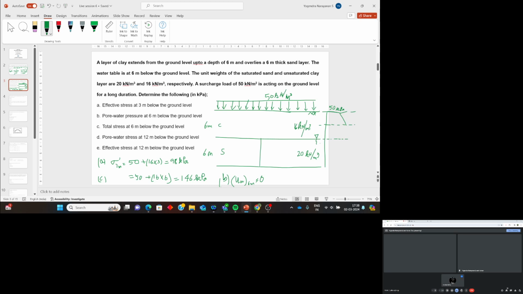Here it will be 0, and if you multiply, pore water pressure is gamma_w into z. How much are you getting? 9.81 or 10 into this is 6. 6 into 9.81, you will get approximately 58 or so.